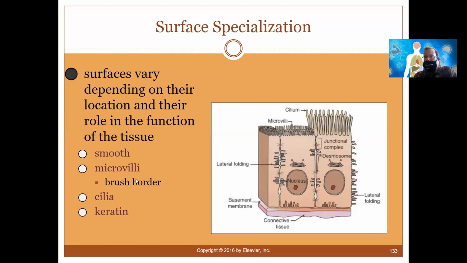You don't need to know that, it's a little heavy. Ground substance is simply the medium in which the cells are suspended or living. Okay, and then we have some fibers. There's always going to be some fibers in that matrix.